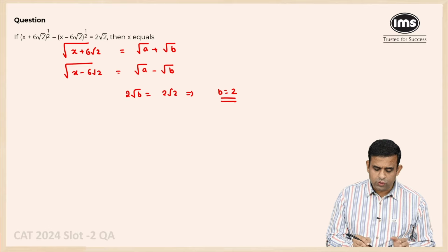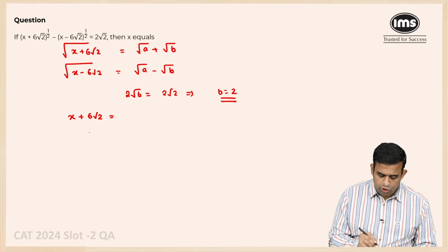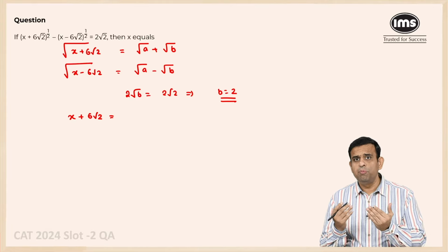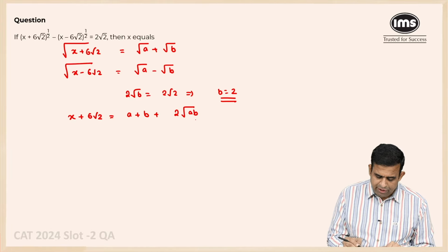Also, if I square this particular term, x plus 6 root 2 should be equal to root a plus root b whole square, and that will be equal to a plus b plus 2 times root of ab.